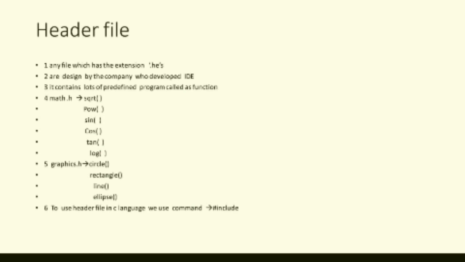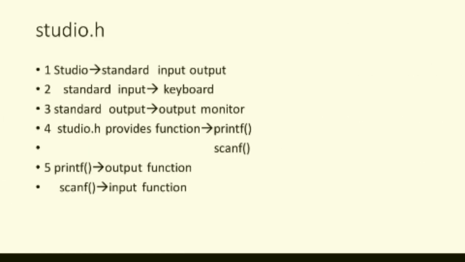Now our next topic is stdio.h. The word stdio.h stands for standard input output header, and in programming the word standard input means keyboard and the word standard output means monitor, or we can say the screen of the monitor where we see the output of our program.